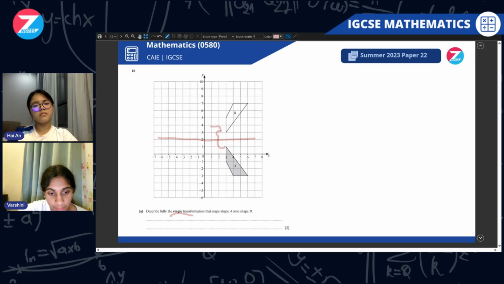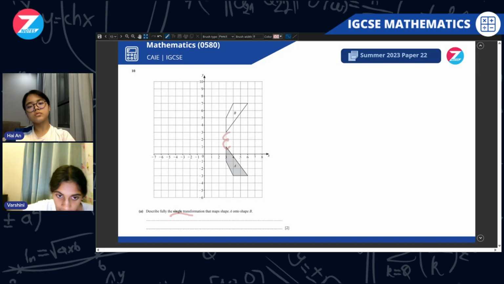So describe fully the single transformation. We know that it's a reflection and it's not in the x-axis or y-axis. To find the line, we have to count the distance between them. So we know the distance between them is 1, 2. So that's 2 units on the graph.